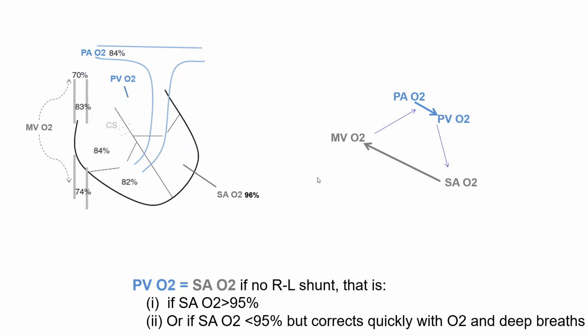You need to keep this picture in your mind because that will illustrate how we calculate QP and QS. And again, as I explained, PV O2 is equal to arterial O2 sat if no right to left shunt, that is arterial sat more than 95%, or arterial sat less than 95, but corrects quickly with oxygen and with a few deep breaths.